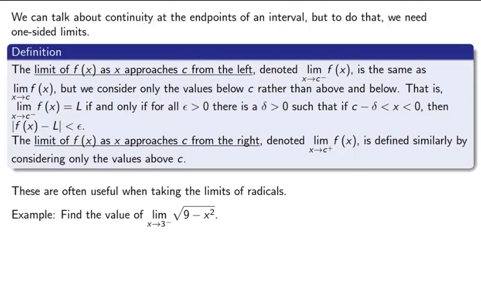Here is the idea of a one-sided limit. A one-sided limit, we've talked about how when you take a limit, you have to come from both sides. Now, we don't want to come from both sides for these. We just want to be able to come from one side and take a look at, well, what is the trend in the graph just from the left or just from the right? That's what this notation means. So when we see x approaches c with a minus, that is a limit from the left side.